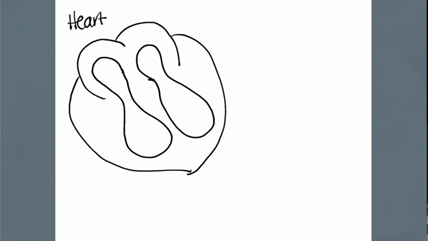Okay, so here's a cross section of the heart. The coronary vessels are on the outside. Not exactly like that, but the coronary vessels run on the outside of the heart. And so they have to have branches that come off to feed the ventricle wall.